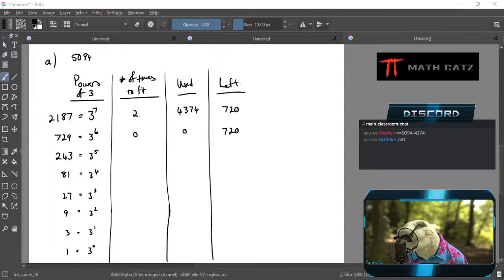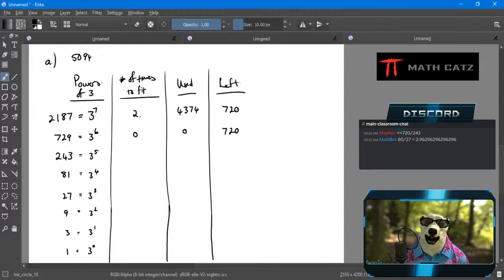So 720 divided by 243, and we see it was almost 3, but it was not. It was 2. And then times 2 is not so bad. I've used really only times 2. Wow. 486. And another one would get me, you're right, so close, but not quite.